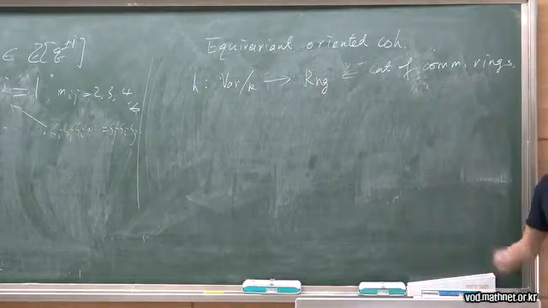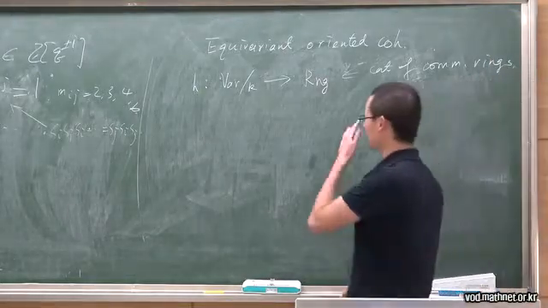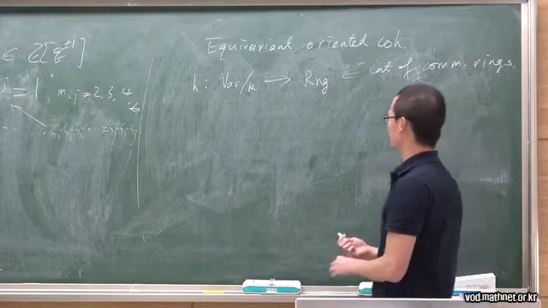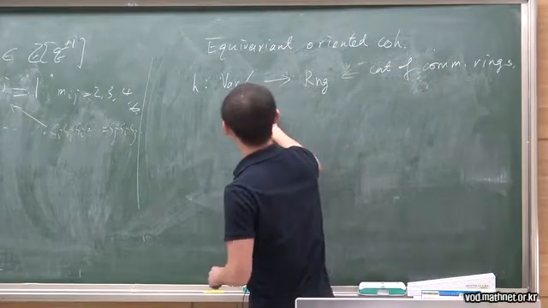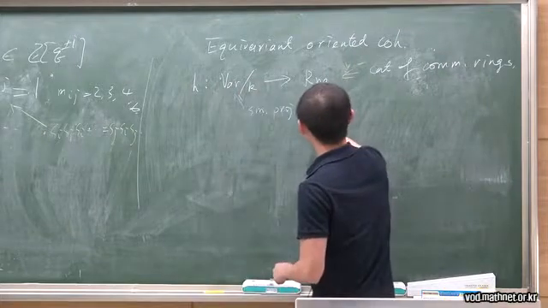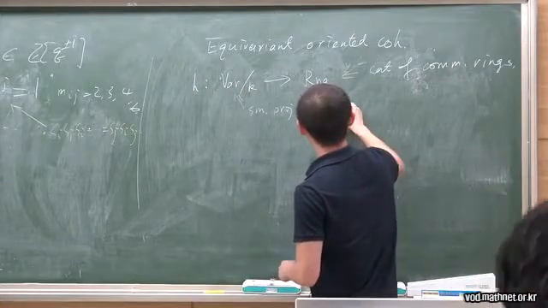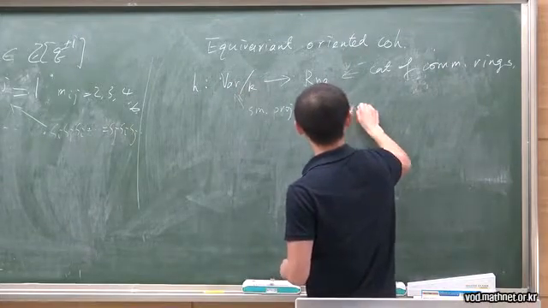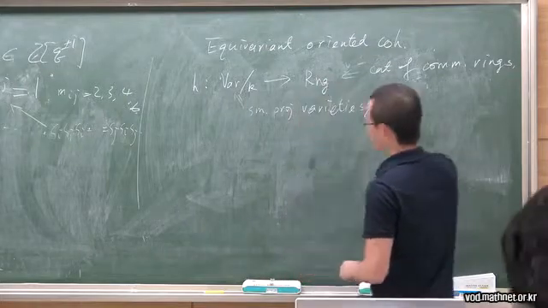Usually people take graded rings because they want to use the grading, but we don't care about that. And this is smooth projective varieties. Okay, K is the base field.